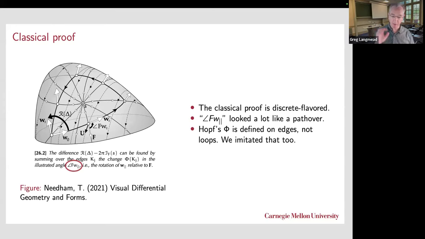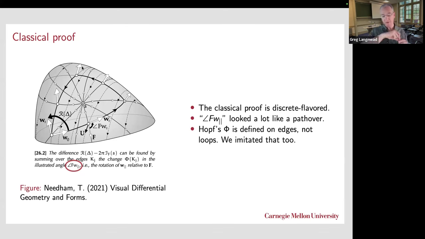Here's a diagram from a recent book that covers Hopf's original proof of the agreement of Gauss-Bonnet and Poincaré-Hopf, and it totally has this discrete flavor. It says, first of all, triangulate the manifold so that all the zeros of the vector fields are in the interior of the faces. Then you draw a diagram like this. Hopf's insight was to come up with a function on an edge, whereas most of the time you need a whole loop to have something like a group element.